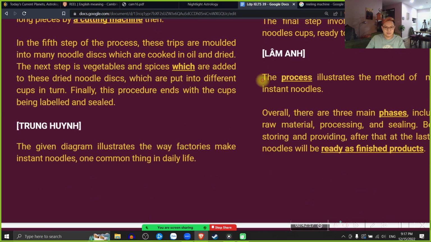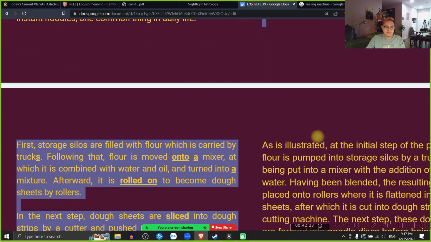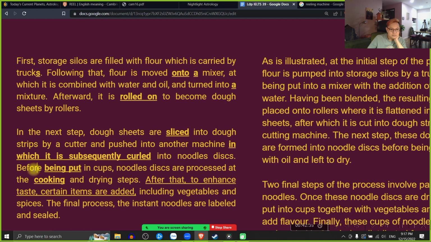Let's see now how many words. Oof. See, 152. Thầy ơi, cho em hỏi, cái chỗ sau chữ "being put in cups" á, mình dùng chữ "this" được không thầy?